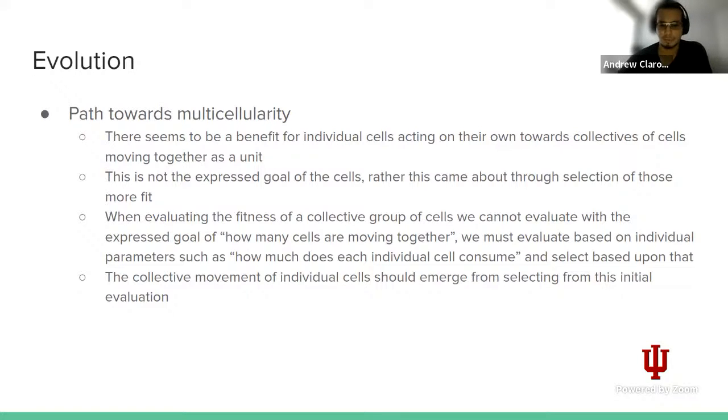And so this is something that we are keeping in mind when we are evaluating how well our model is doing. It's not about how many of the cells are coming together, but rather how much of this chemical gradient are they consuming individually. And then the idea is that through this evolutionary algorithm, the cells that are able to consume more of the gradient emerge to actually moving collectively. Can move to the next slide.